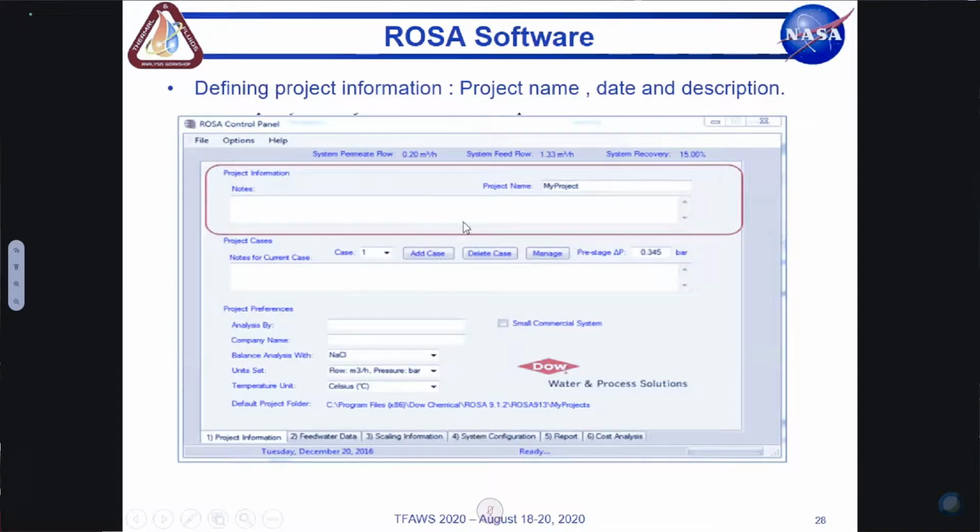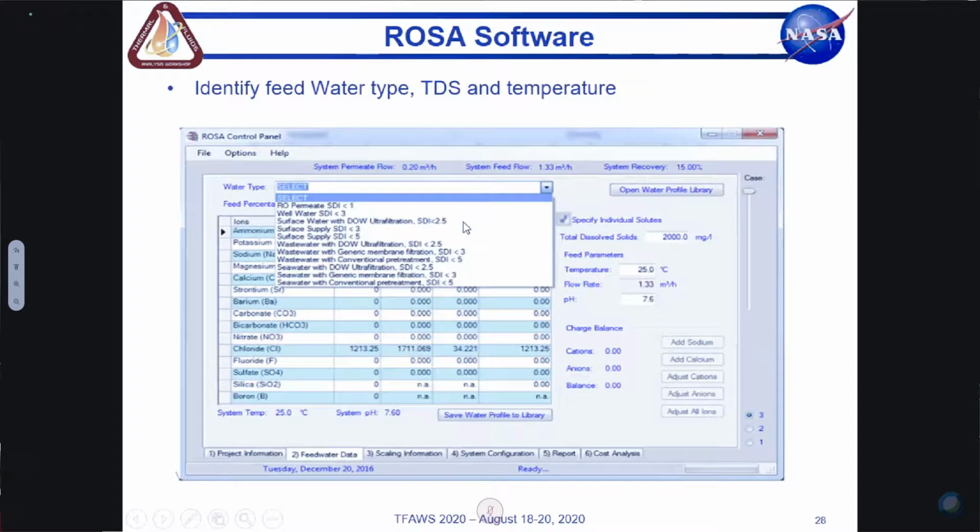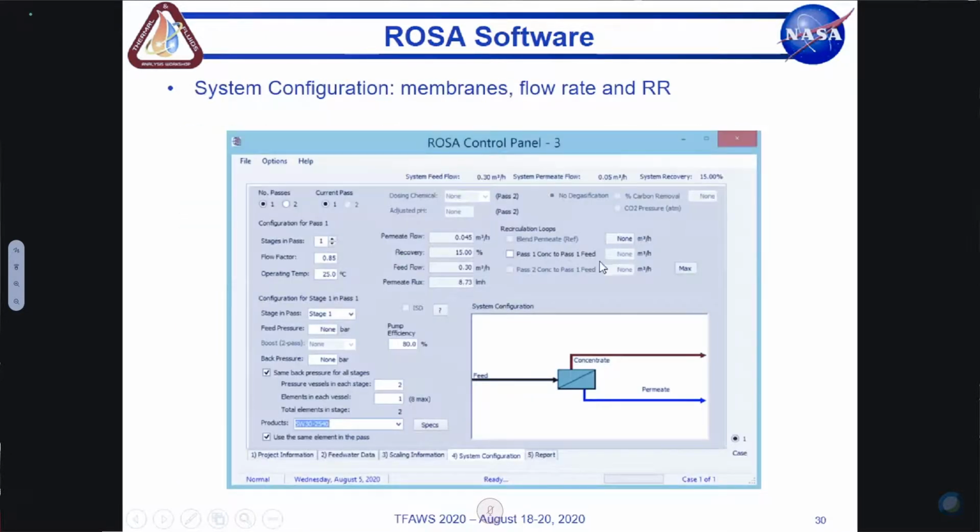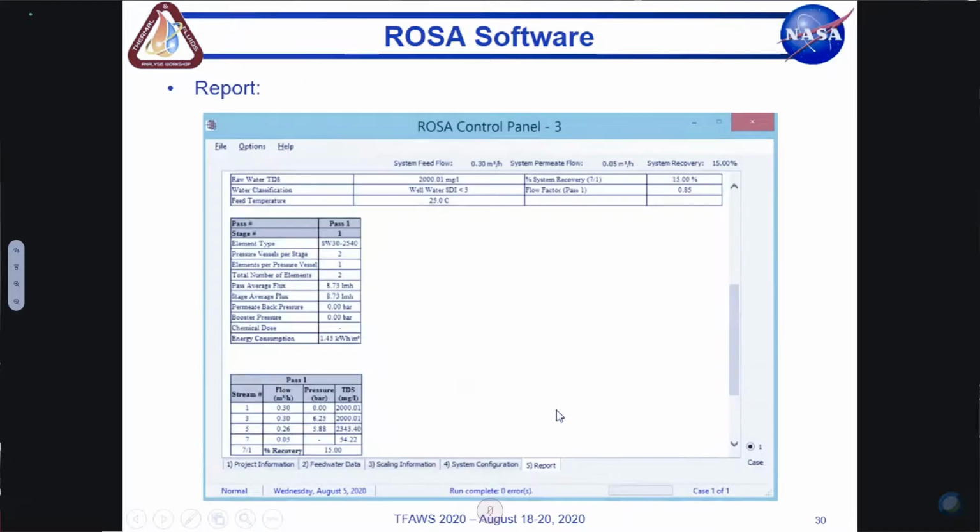After that, we must identify the feed water source and the feed water type and analysis, and our feed water treatment, pre-treatment, and filtration. As we see in the figure, first we enter the project name, date, and description.